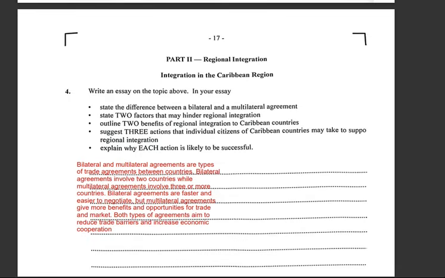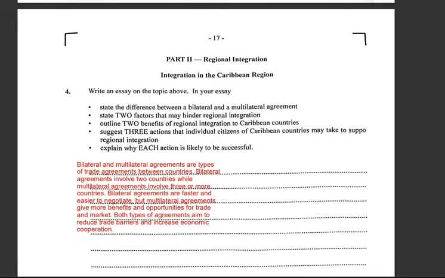Here we are seeing where we have regional integration, where it says write an essay on the topic above. In your essay, you must choose one of these topics.